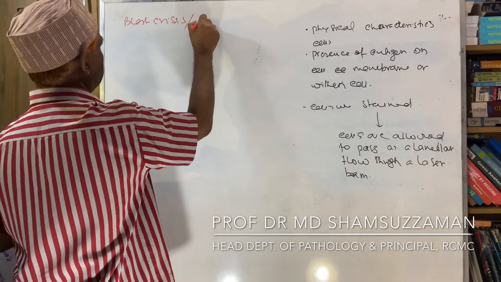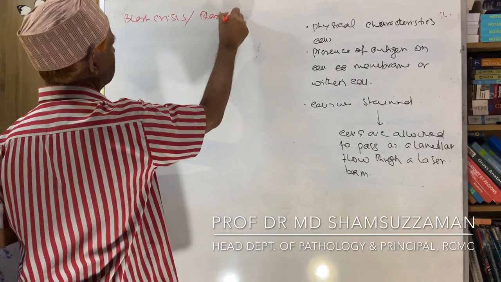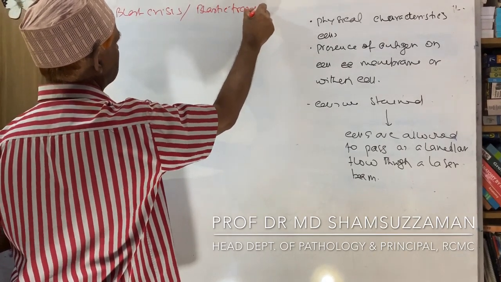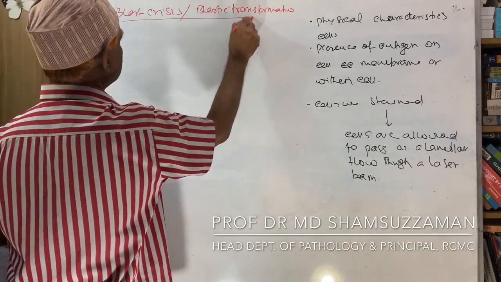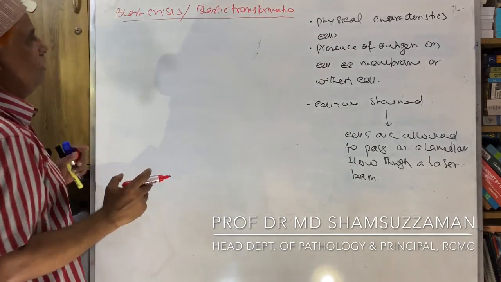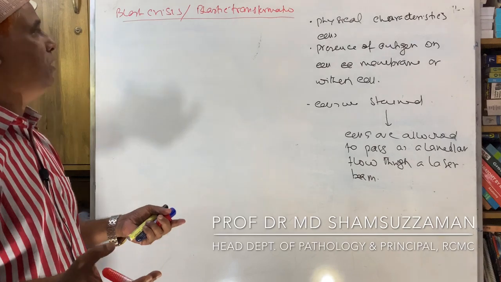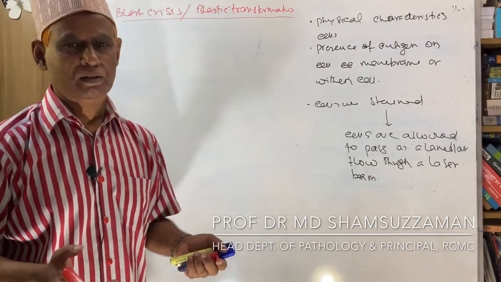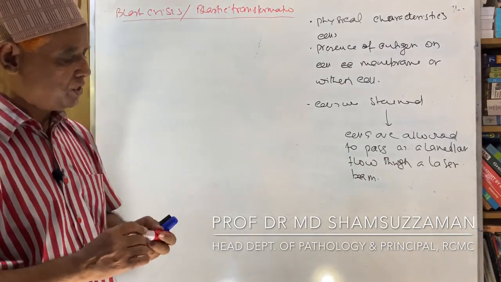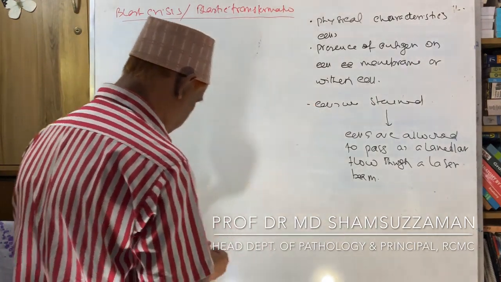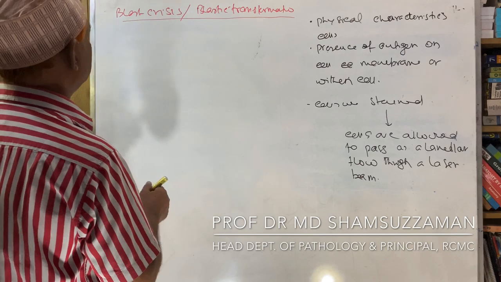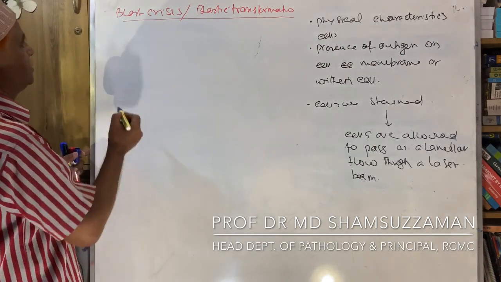So anybody suffering from chronic myeloid leukemia for a long time may suffer from blast crisis or blastic transformation. Now, what is blastic transformation or blast crisis?